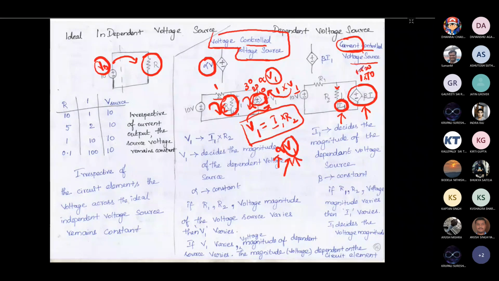So the current is deciding the voltage source magnitude, so it is called a current controlled voltage source. Here the voltage magnitude is decided by the voltage across some other element, so this is voltage controlled.